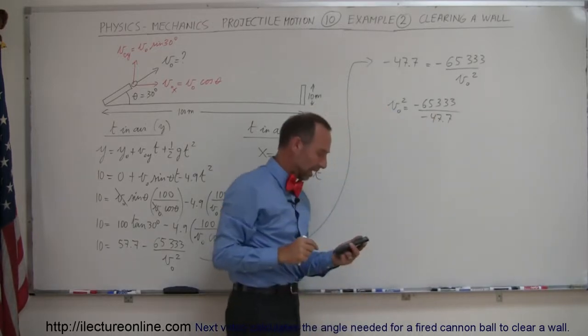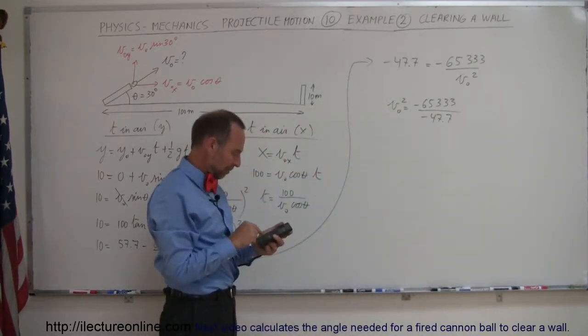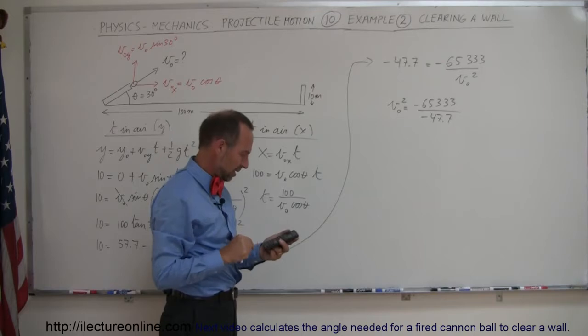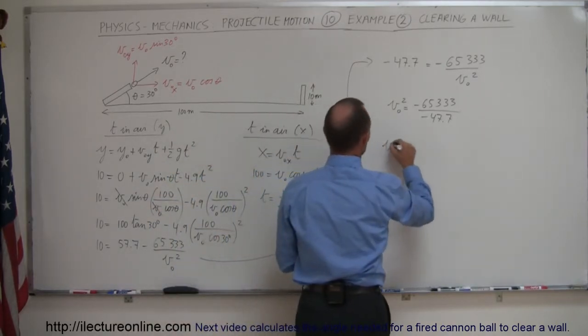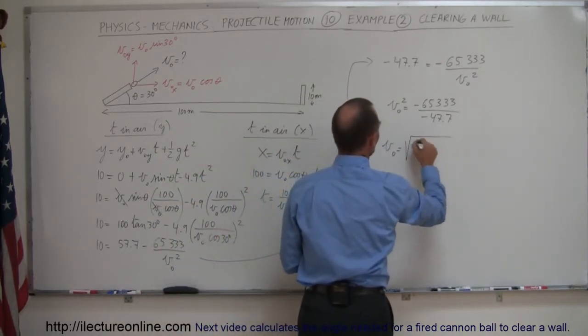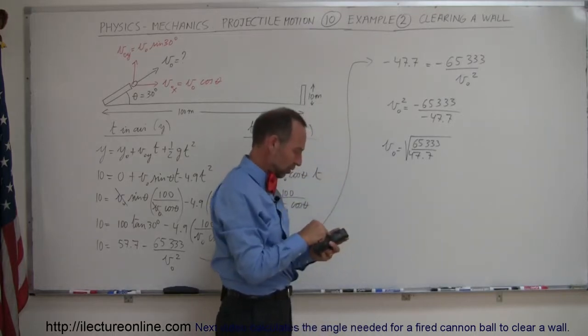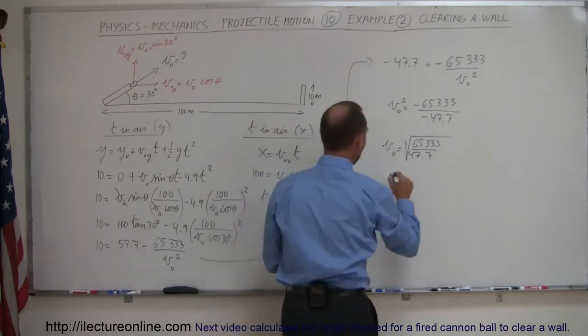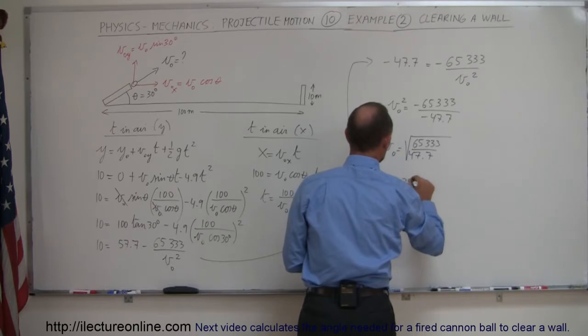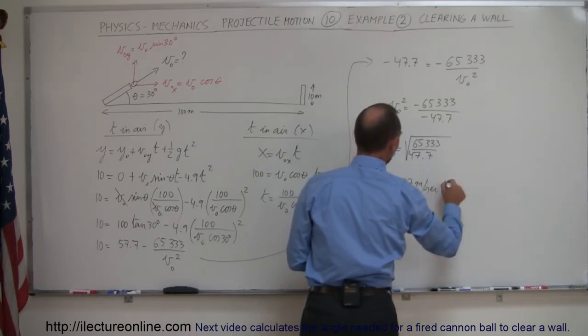Notice here that the negatives cancel out. So divide this by 47.7, and then v sub naught is equal to the square root of that. Taking the square root, I get 37. So v sub naught equals 37 meters per second.